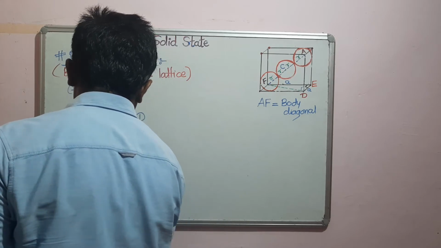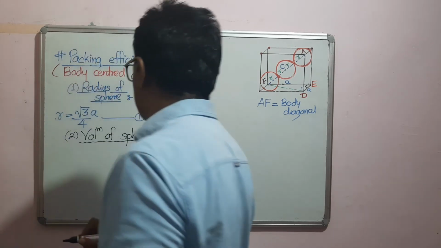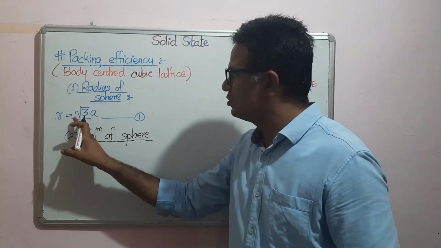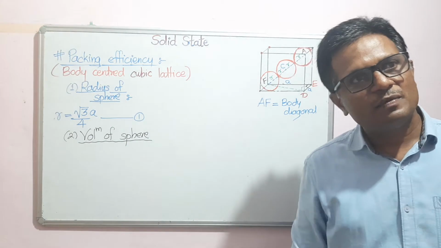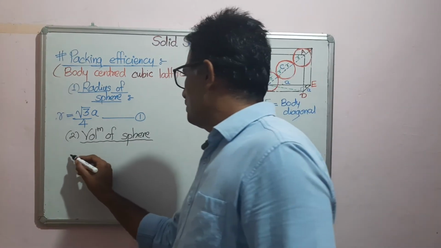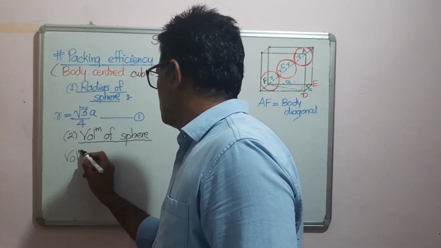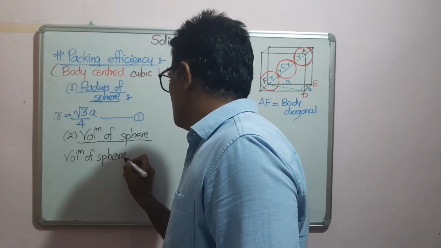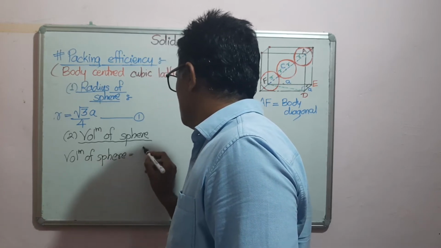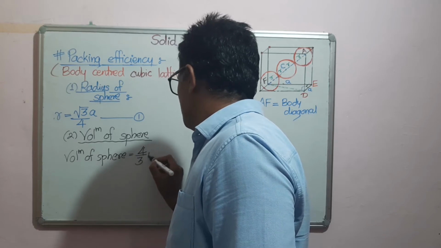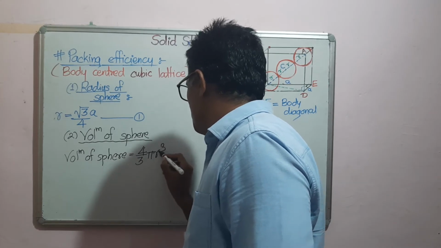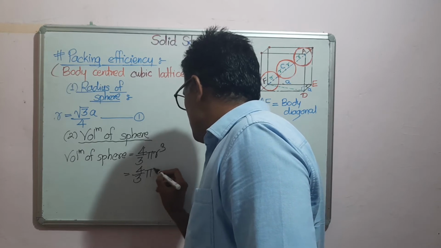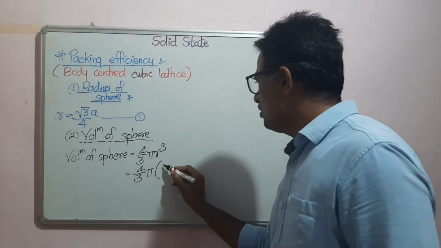Volume of sphere. Okay, the sphere having radius root 3 a upon 4 has a particular volume. So the general formula for volume of sphere: volume of sphere is equal to 4 by 3 pi r cube. What is the value of r?